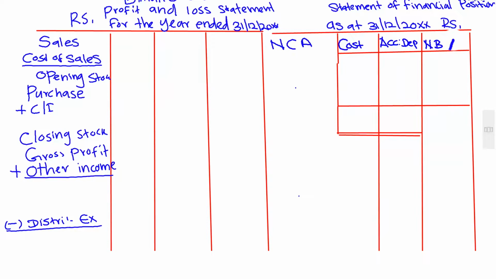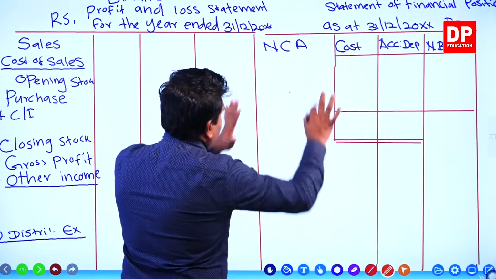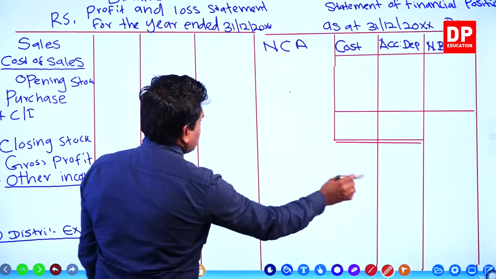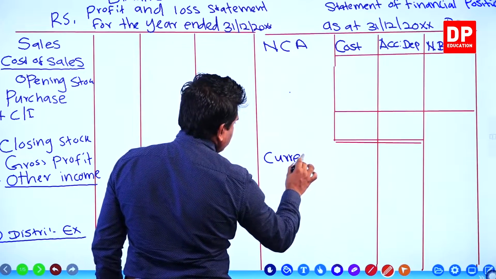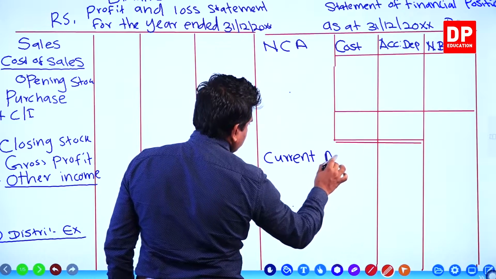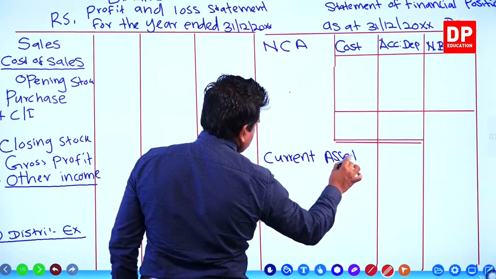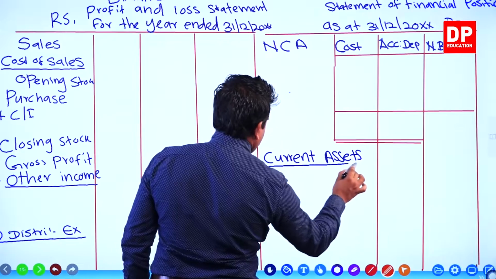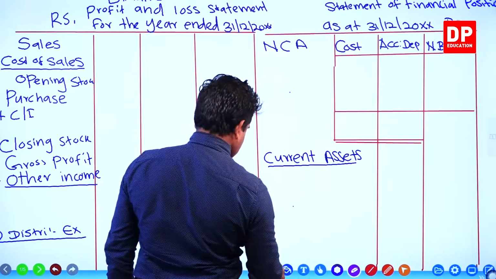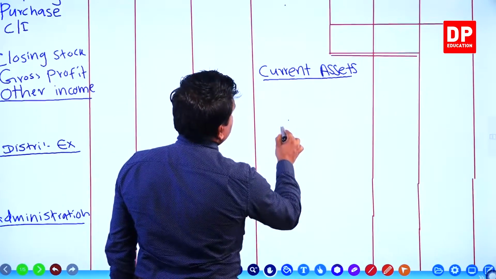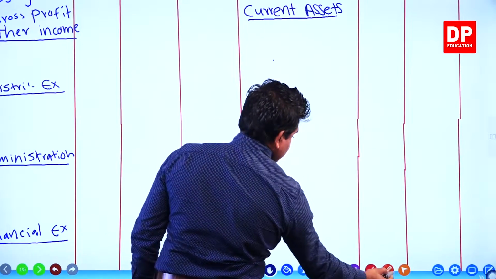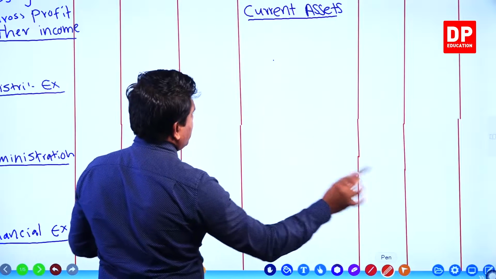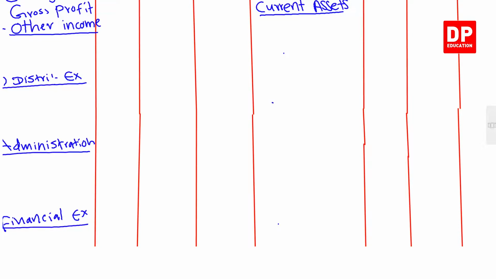Then this area is enough for non-current assets. After that, current assets. Underline. Then you give enough space for current assets. After that, the assets area is finished.